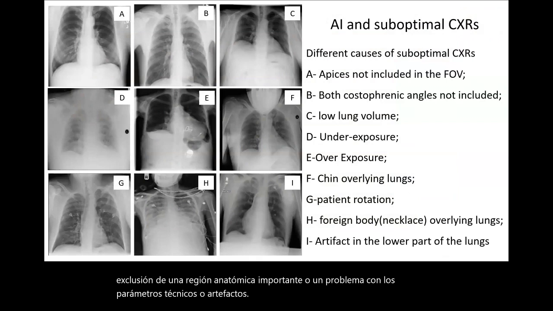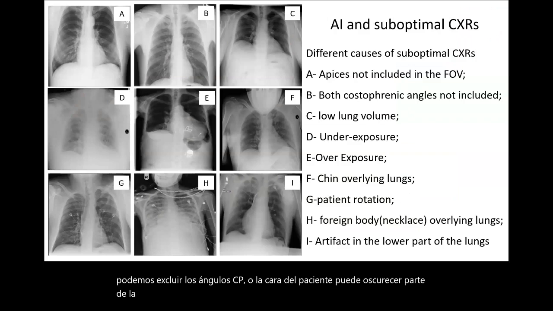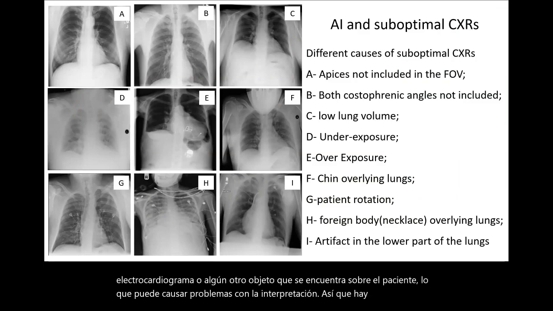So, for example, in a radiograph, we may exclude the lung apices, we may exclude the CP angles, or the patient's face may obscure part of the anatomy. The radiograph can be overexposed or underexposed, or there can be artifacts related to external objects, such as EKG leads or some other object lying on the patient, which may cause problems with the interpretation. So there are a number of issues with portable radiographs.